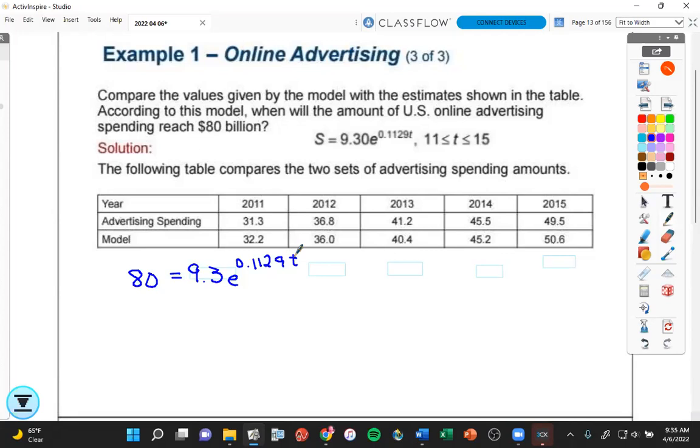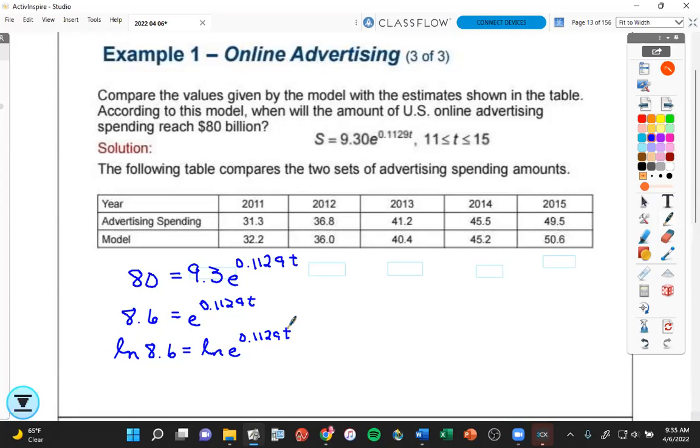Okay. So dividing both sides by 9.3 is probably going to be an ugly number, right? 8.6. So 8.6 is equal to e to the 0.1129 t. Any specific log? Yeah, we're dealing with e, so let's take the natural log of both sides. So natural log of 8.6 is equal to the natural log of e to the 0.1129 t. And why do we take the natural log?